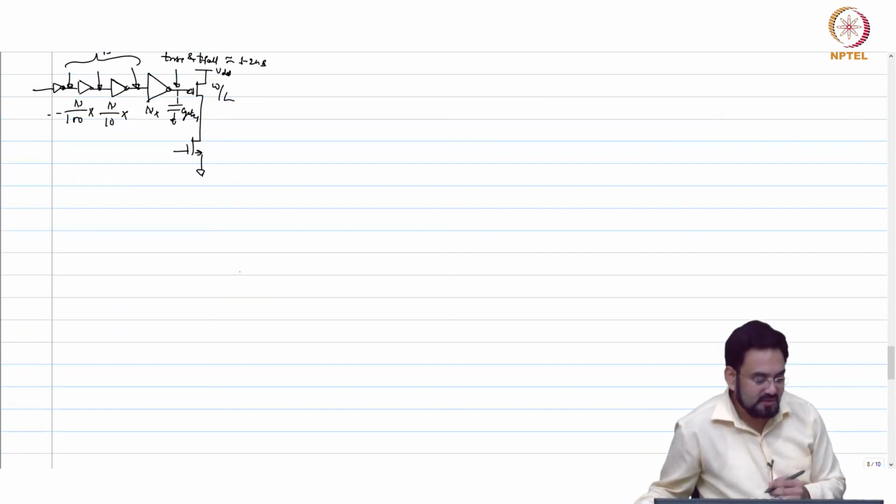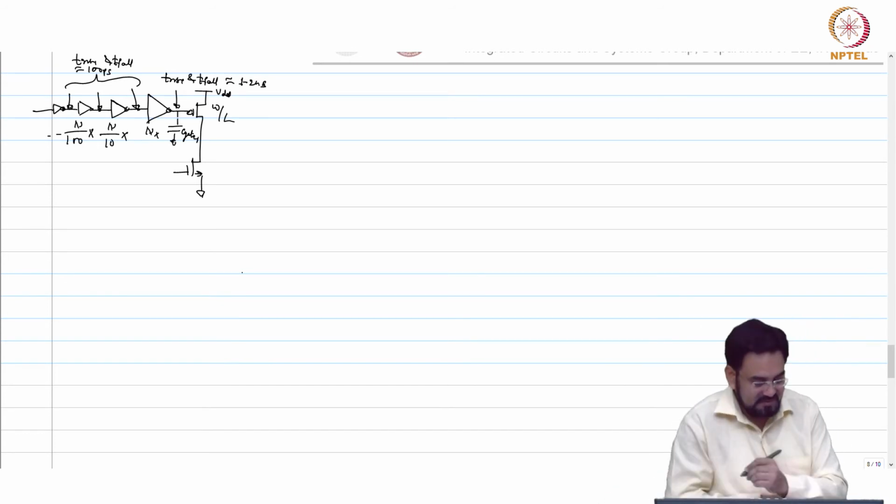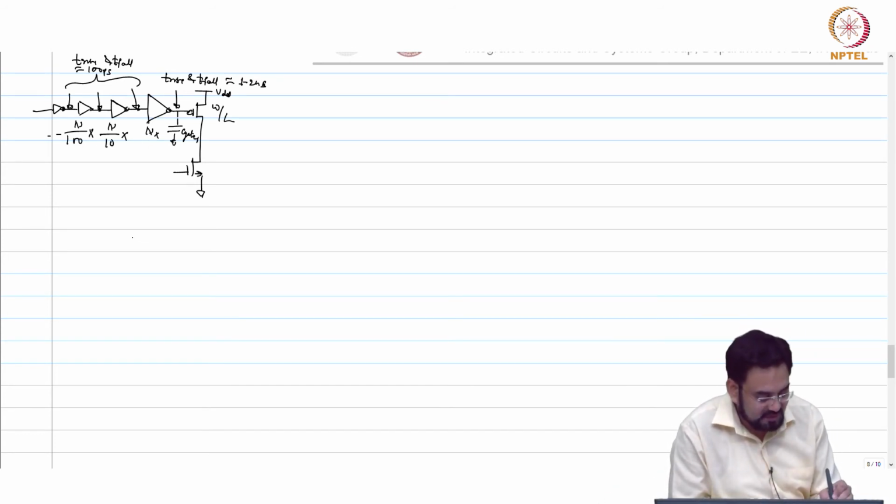So that's how you do it, and then you have the non-overlap clock generator. Let's see how we do that.